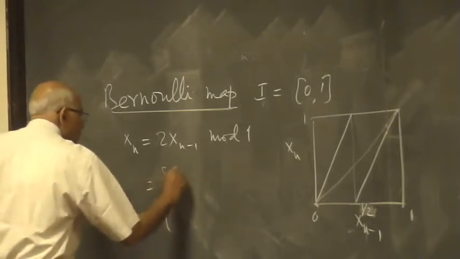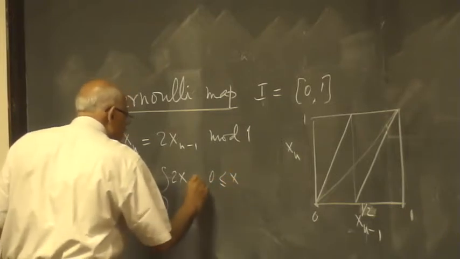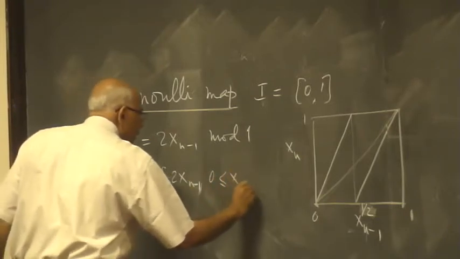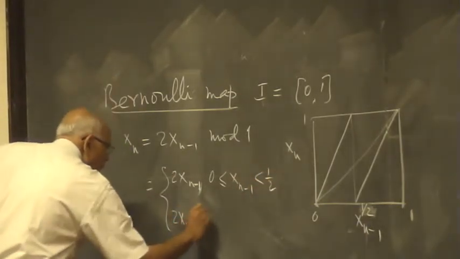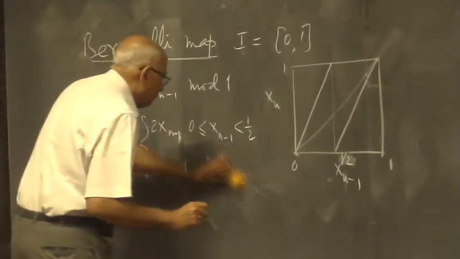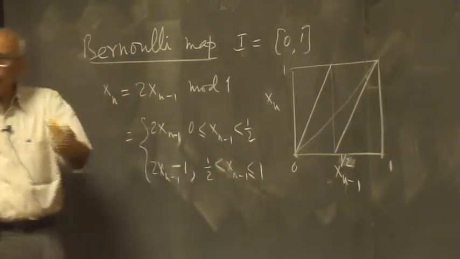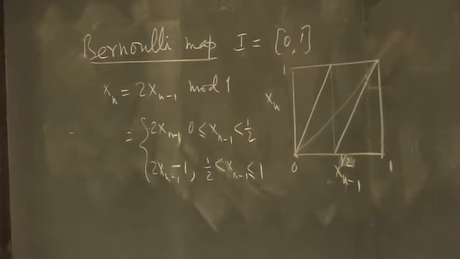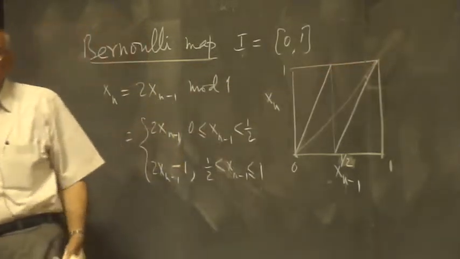This is equal to 2x_{n-1} for 0 less than or equal to x_{n-1} less than half, and 2x_{n-1} minus 1 for half less than or equal to x_{n-1} less than or equal to 1. At half there is a discontinuity. So we have a formula for it. We have both these graphs here. Now the fixed points are at 0 and 1 and the slope is 2 in magnitude at each point.